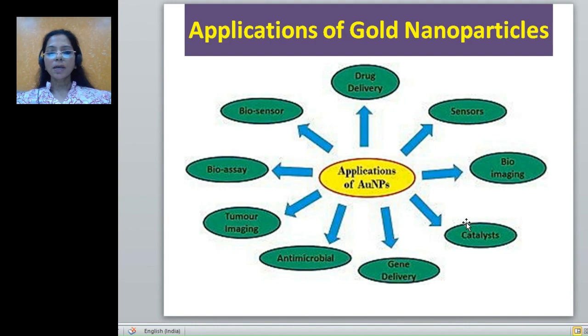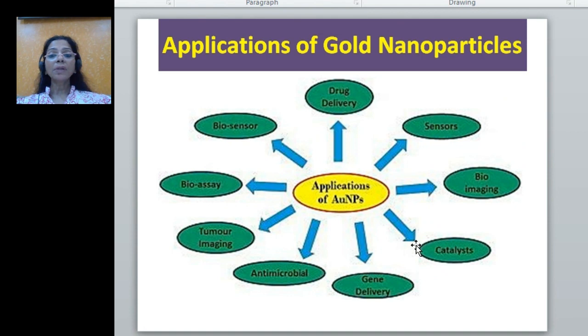Now the question arises, why are we doing this preparation? What are the applications? Why are we learning this? Students, nowadays these gold nanoparticles have found extensive application in the field of medicinal chemistry. They have been used for targeted drug delivery, wherein the drugs are targeted to a specific site and are not just delivered anywhere in the body.